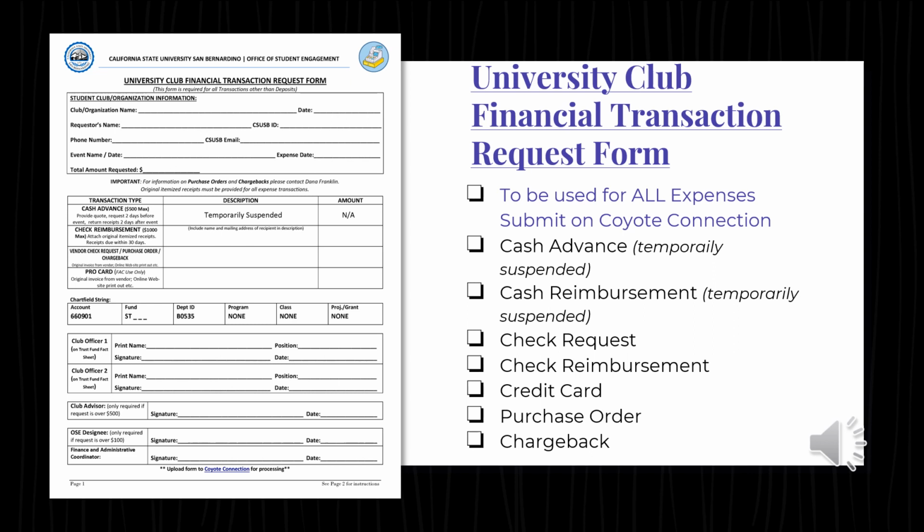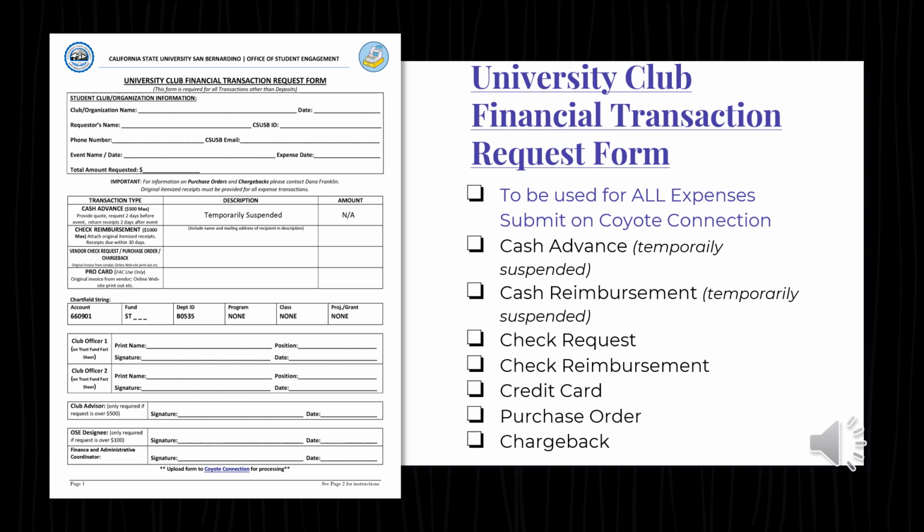But prior to the submission of the transaction, it will always need to be reviewed, approved, and signed by at least 2 of the 3 financially responsible officers. Complete the form to the best of your ability, providing a detailed description of the transaction. If the transaction request exceeds $500, your advisor will also need to sign the form.